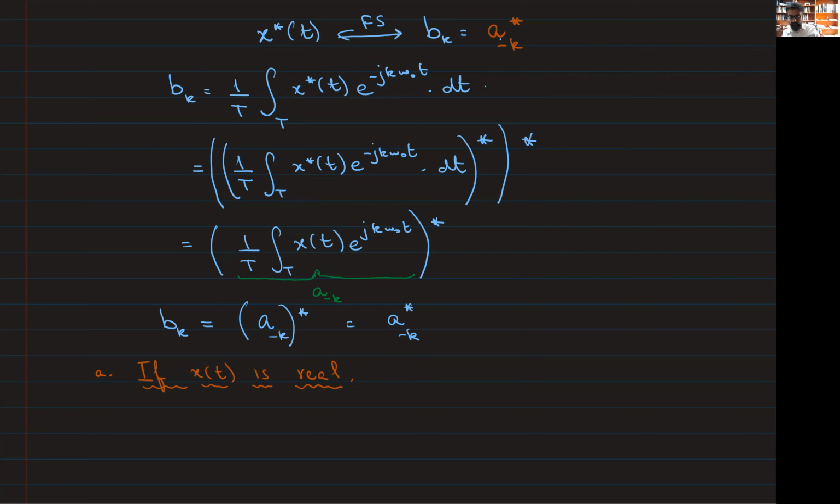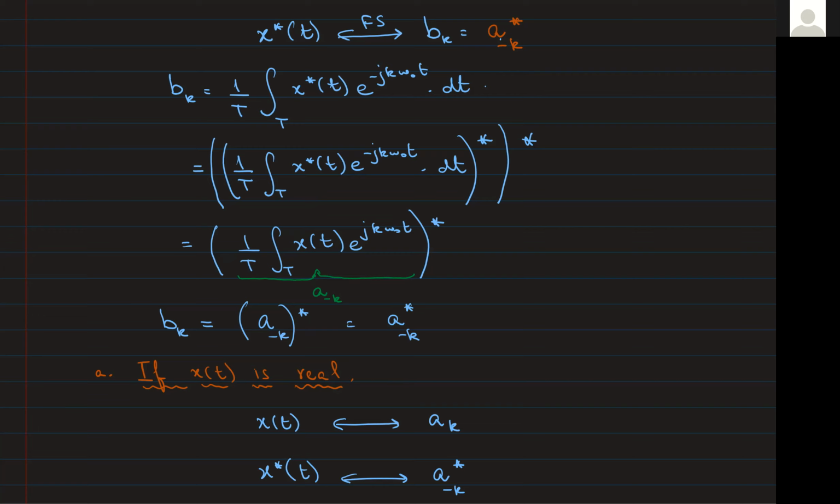Okay. So who can help me here? If x of t is real, and x of t has Fourier series coefficients equal to ak, and x conjugate of t has Fourier series coefficients, as we've derived, a minus k conjugate, what can I say about the Fourier series coefficients?